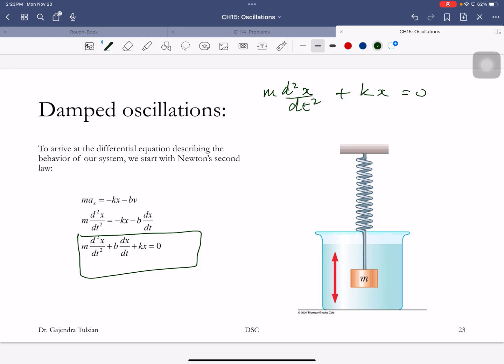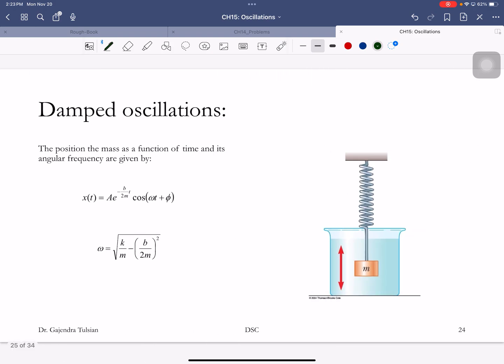Okay. So what are you interested in? What is x(t) as a function of time? Okay. And here's the solution. So it's part guessing the solution and part educated guessing. Without friction, the solution was a cosine omega t plus phi.